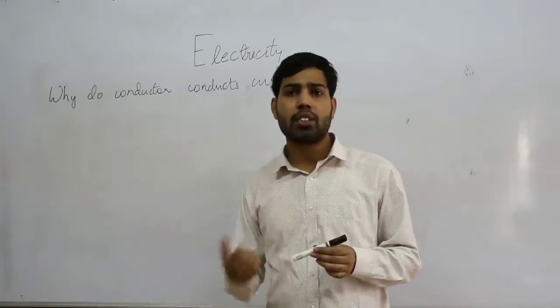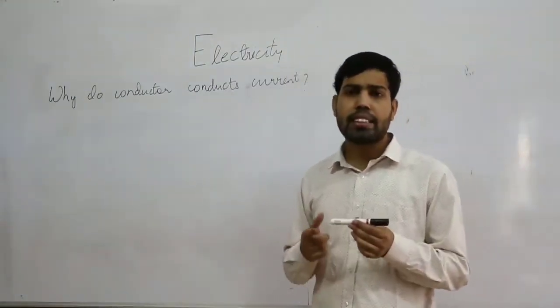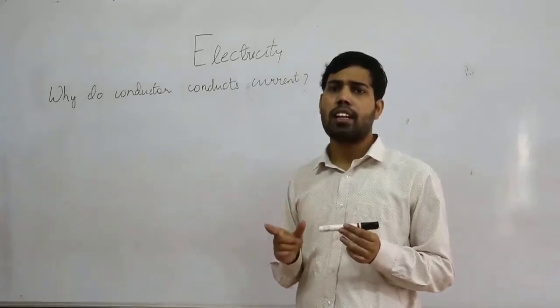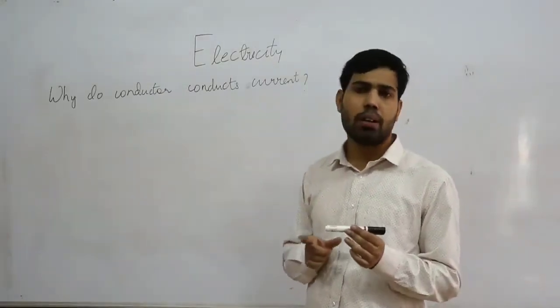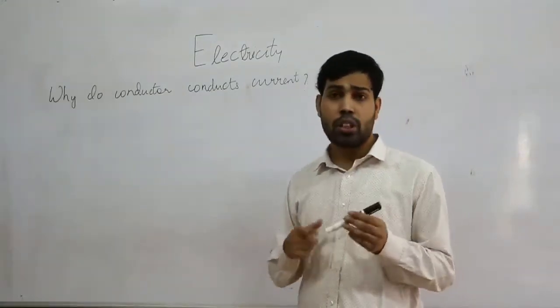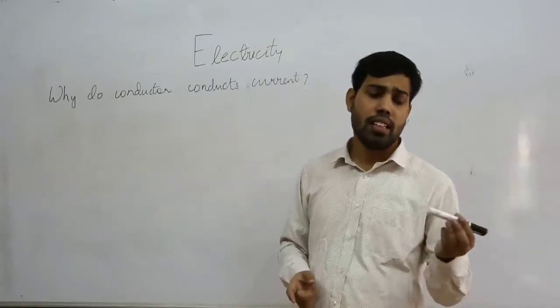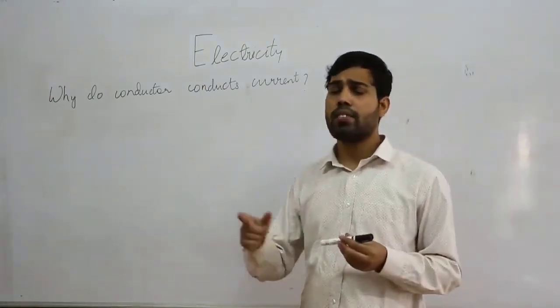Whereas if you look at insulators, that is mostly non-metals, we can see that in non-metals electrons are not very loosely bound to the nucleus. That means there is a strong force of attraction between the positive charges, that is your protons in the nucleus, and the electrons in the valence shell.